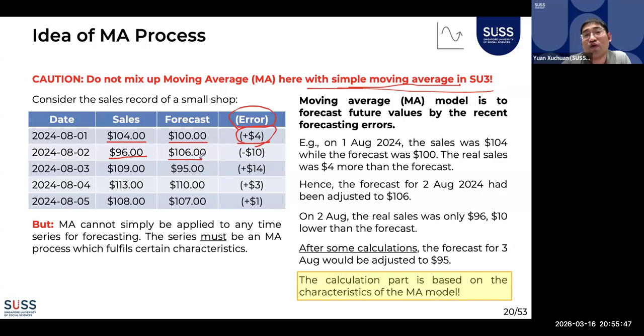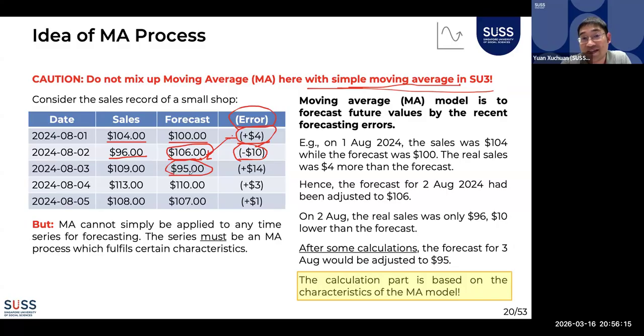It's quite straightforward: suppose your forecast is 106, but your actual sales is only 96. The error is -10. Now because the error was -10 in the previous period, intuitively you will reduce your forecast in the third period.